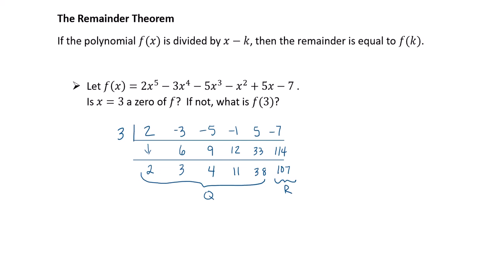But the remainder theorem says that this remainder of 107 is equal to f of 3. So f of 3 is equal to 107. And we know because of that x equals 3 is not a 0. If it were, we would have a remainder of 0. So 3 is not a 0 of f of x.